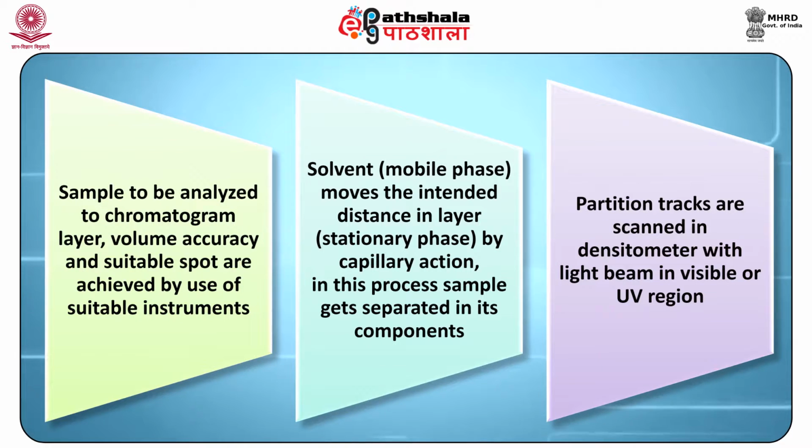The sample to be analyzed is applied to the chromatogram layer, where volume accuracy and a suitable spot are achieved by the use of suitable instruments. The solvent, the mobile phase, moves the intended distance in the layer, the stationary phase, by capillary action. In this process, the sample gets separated into its components. The separated tracks are scanned in a densitometer with a light beam in the visible or UV region.